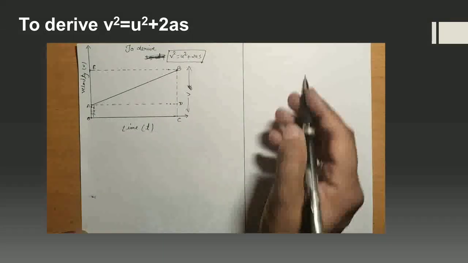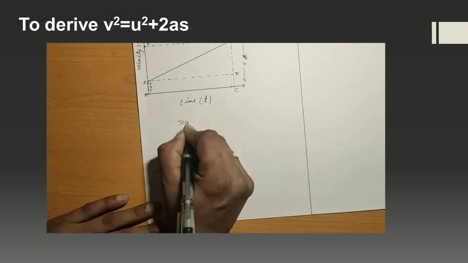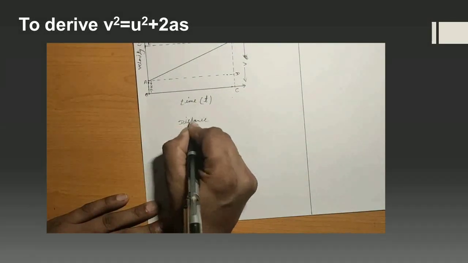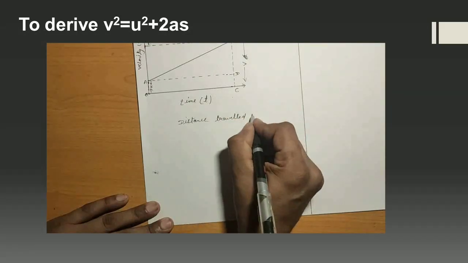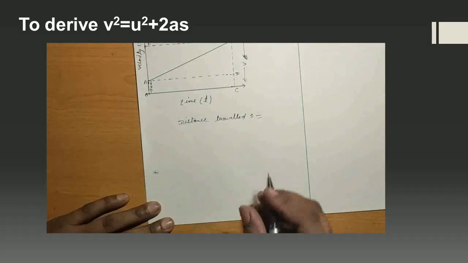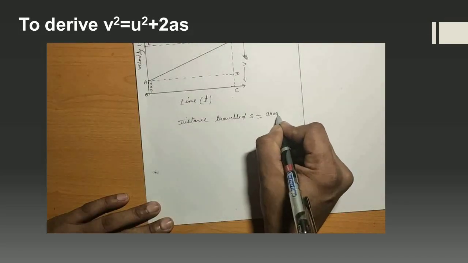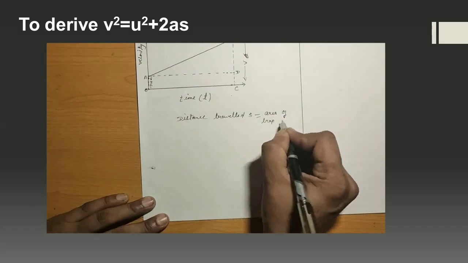Okay, so we can write the distance traveled by the body S is equal to area of trapezium.